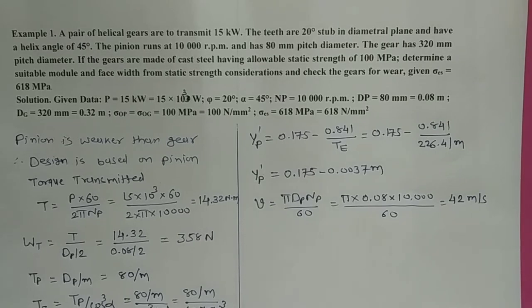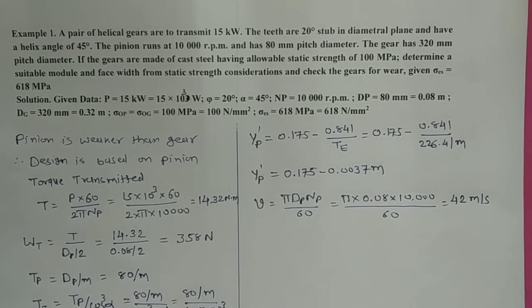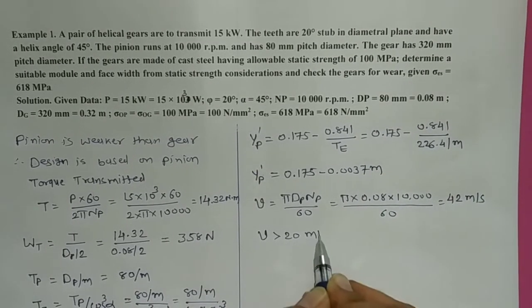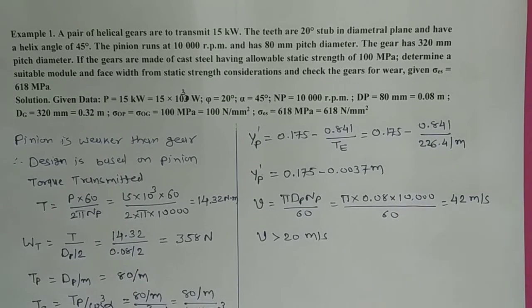Now velocity factor CV. Here V is greater than 20 meter per second in case of the helical gear.